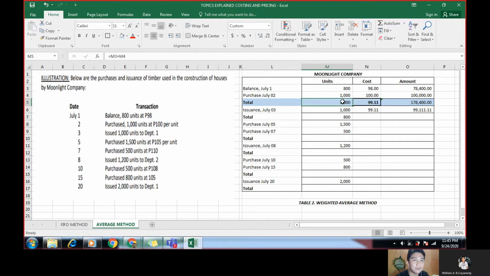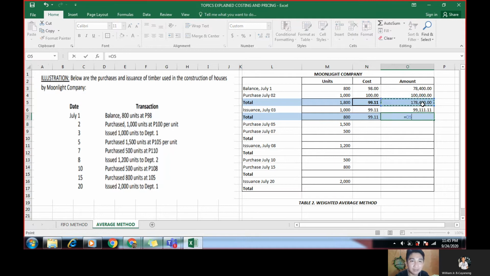Out from 1,800 na purchases at balance, dahil may ini-issue tayong 1,000, so ang naiwan na lang as of this date is 800 units at the cost of, again, 99 pa din, kasi wala pa namang bagong purchases.